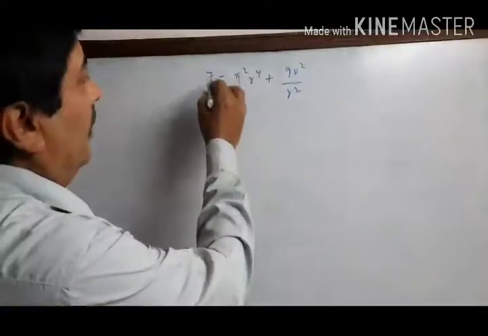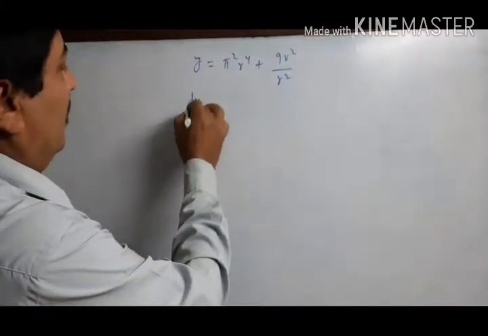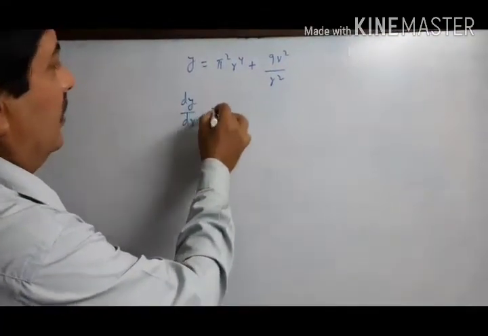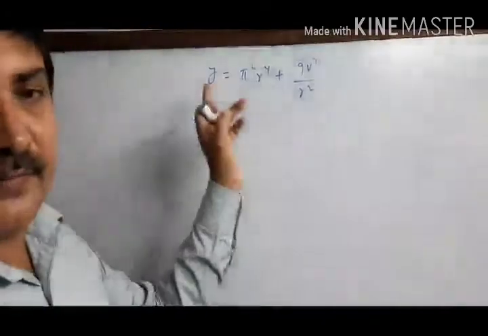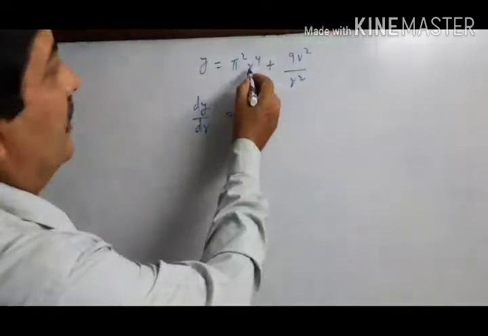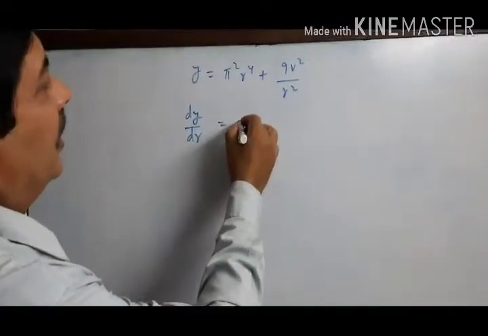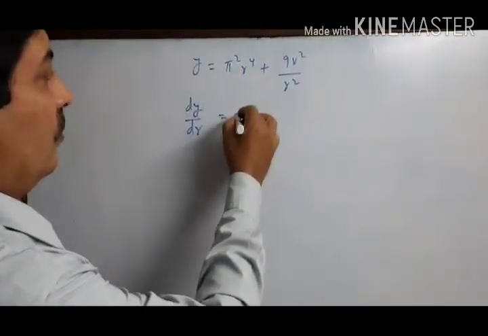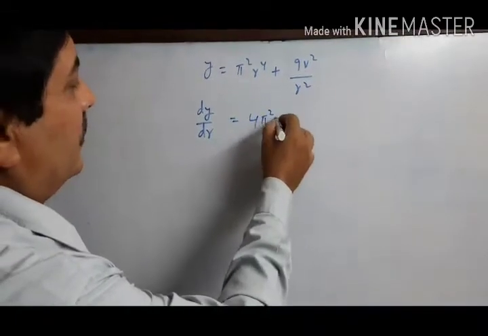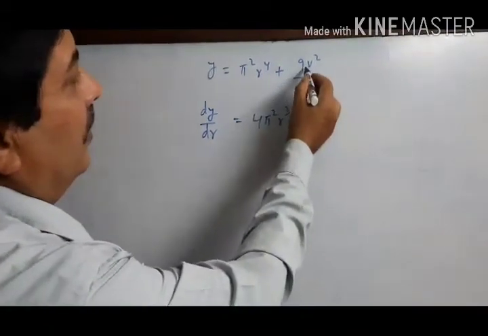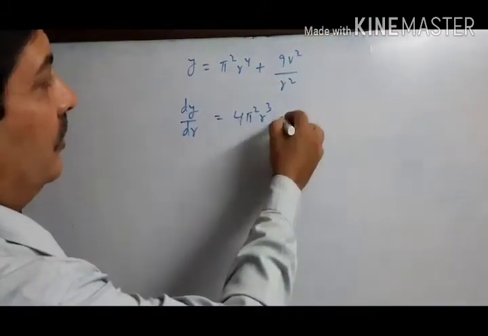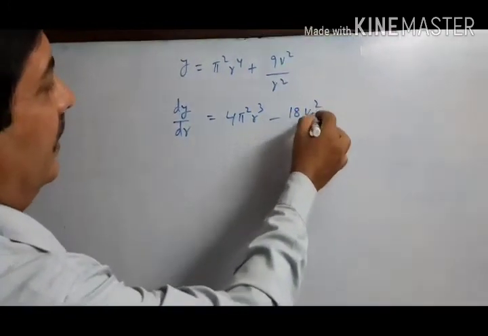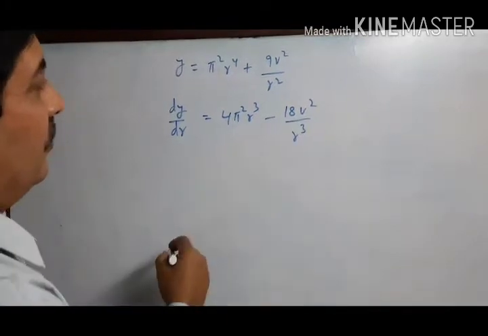So now apply dy by dr. Not dy dx, in fact dy by dr, with respect to r we are differentiating. So r4 will become 4r cube, 4 pi square r cube. Then 1 by r square will become minus 2 by r cube, so this is minus 18V square by r cube.